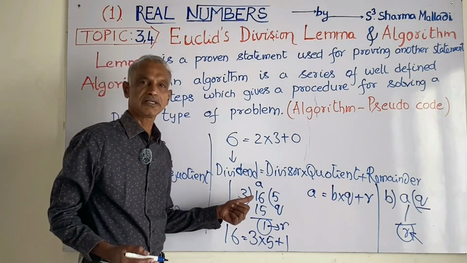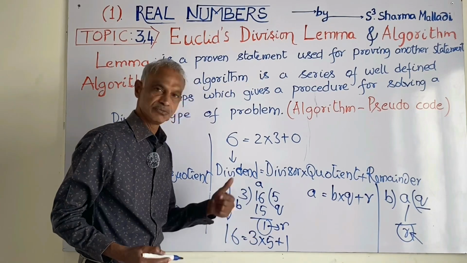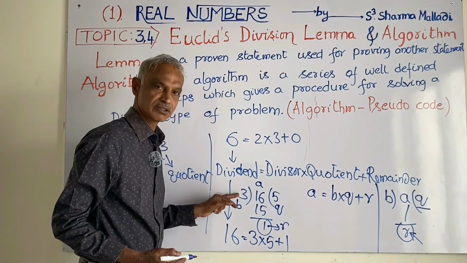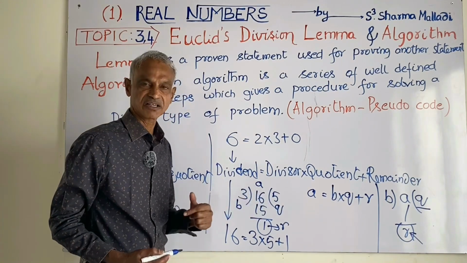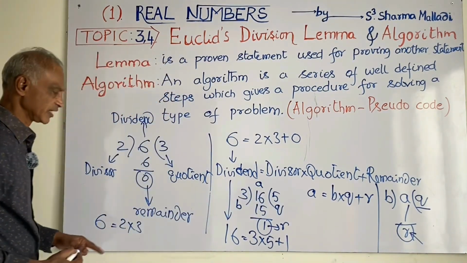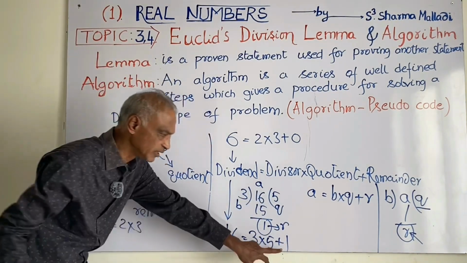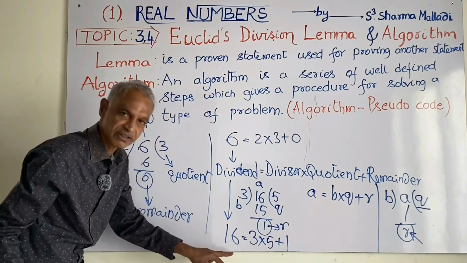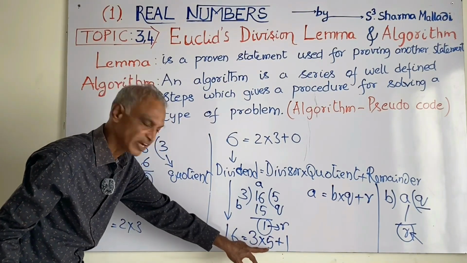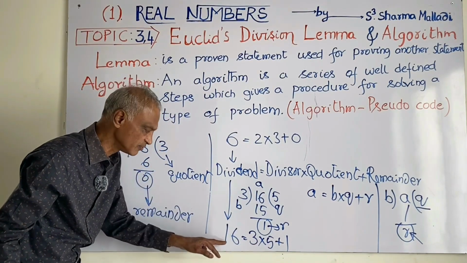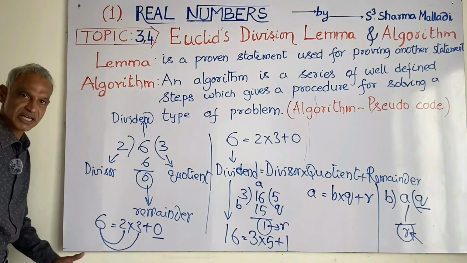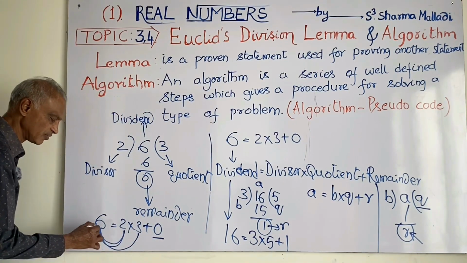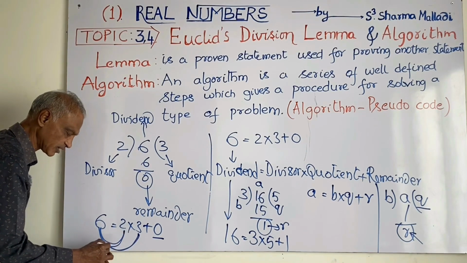Here you are not getting remainder 0, therefore 3 is not a factor of 16, and 5 is also not a factor of 16. But here you are getting remainder 0, that's why 2 is a factor of 6 and 3 is also a factor of 6.